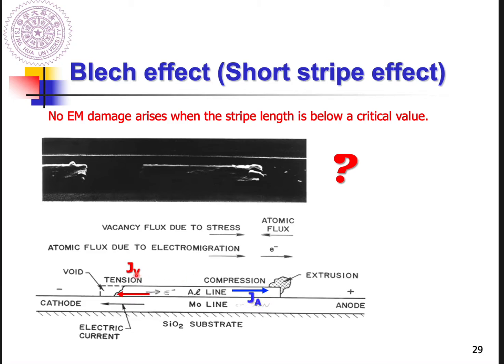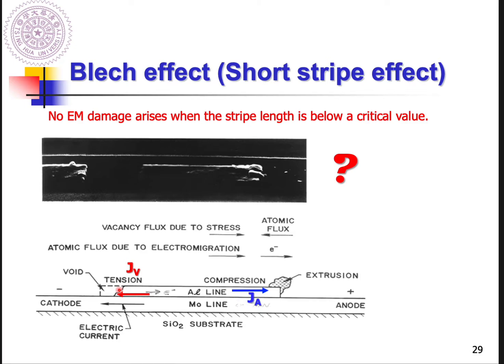If JA and JV are quite large, you can observe extrusion on your right-hand side, and because JV is large, a large void forms at your left-hand side, the cathode.